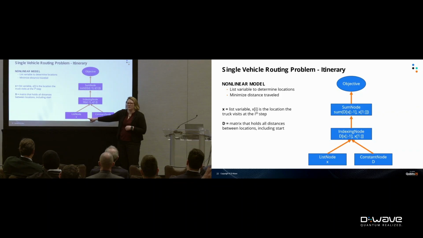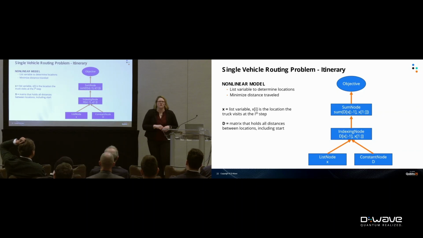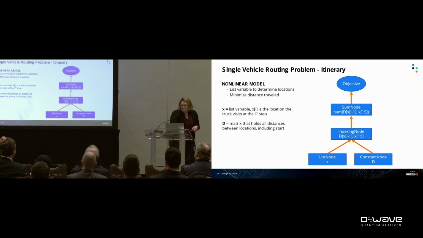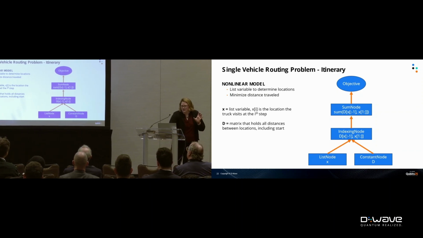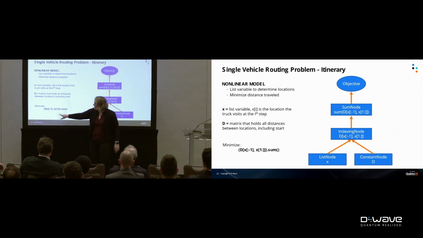So here's our list variable X at the bottom. D is going to be all of the distances between all of the different locations we're going to consider. And then we'll talk about how things move forward from there. The objective function of what we're actually trying to minimize is this: we're minimizing the distance traveled between different locations, all added together.